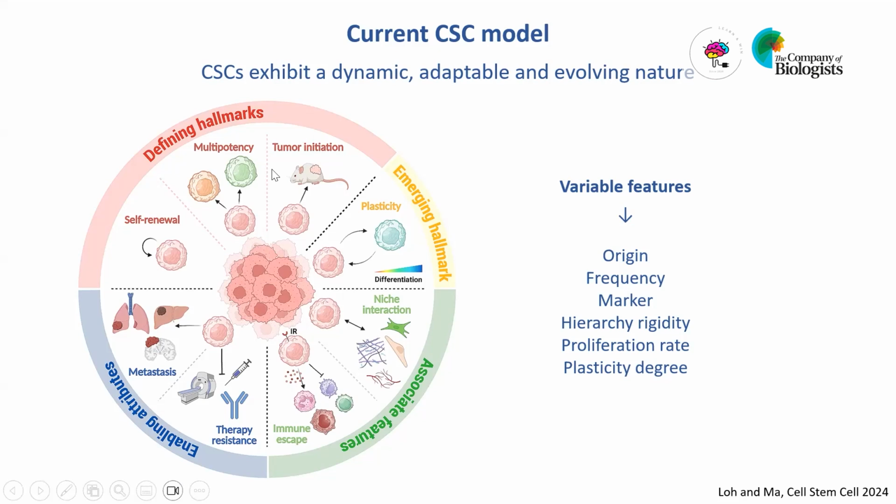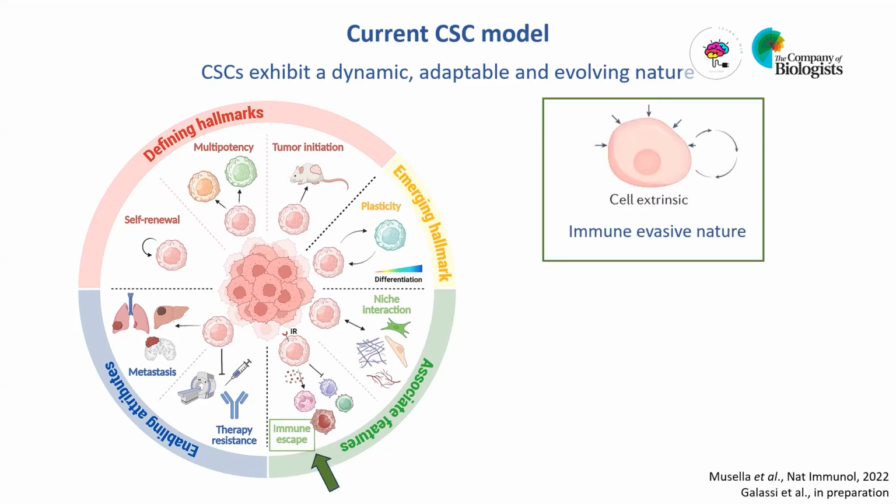So there are also some emerging hallmarks, which we are studying in our lab. I will focus, as I told you before, on the immune escape of cancer stem cells. I will show you some results in the mouse models, and then I will switch to 3D culture, in particular on our collection of spheroids.